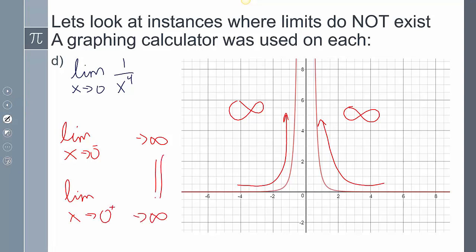Well, those do equal each other, so we can say that this does equal infinity. But if I asked you, does the limit exist, we would still say does not exist. Even though the limit does equal infinity, the limit still does not exist because it is not an actual value, right? We don't know the defined value of infinity. It's not a defined value for us to say what it is.